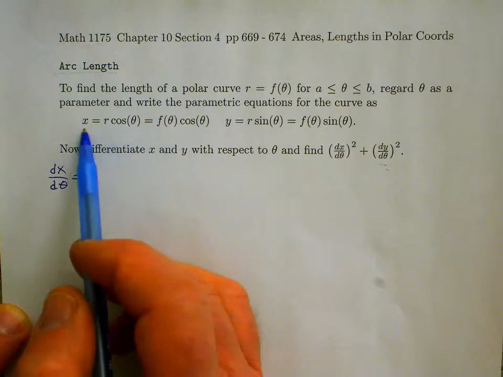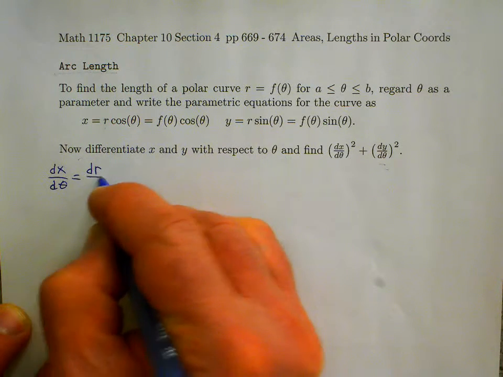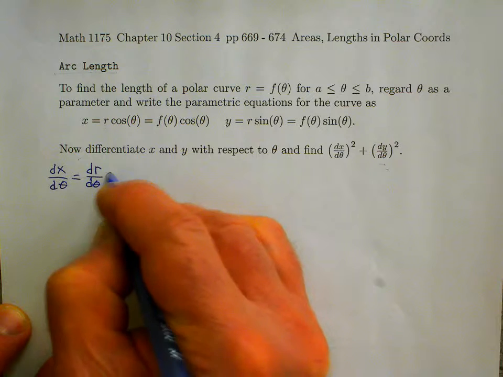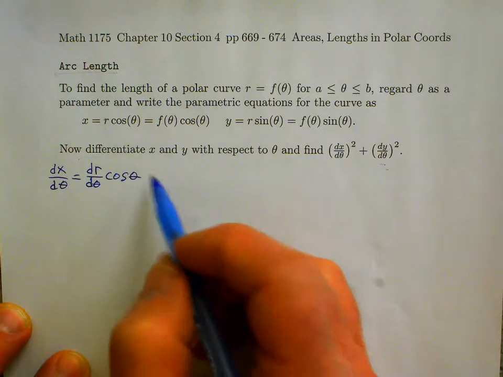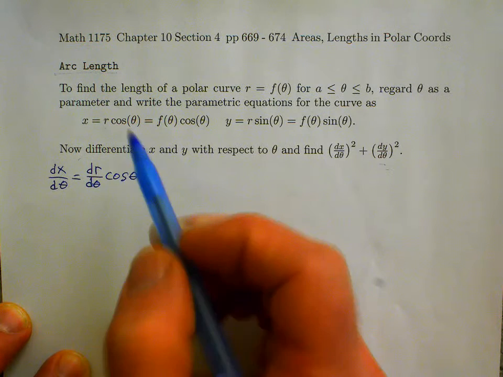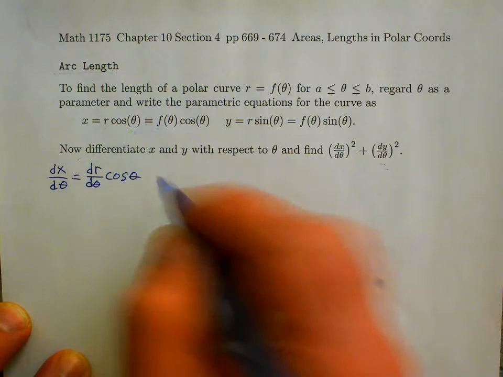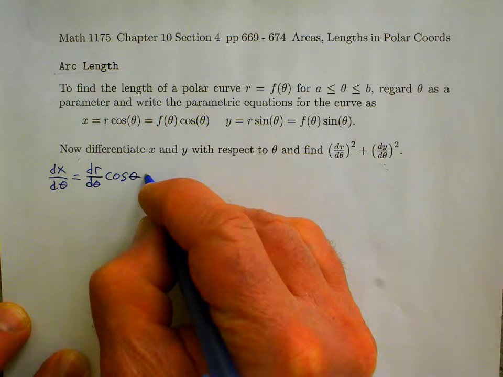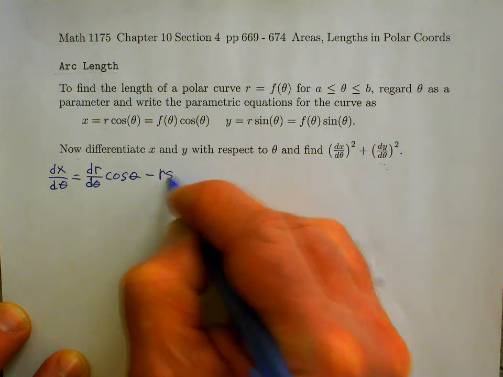The derivative of x with respect to theta is the derivative of r with respect to theta times cosine of theta, plus r times the derivative of cosine of theta, which is negative sine of theta. So we'll just go ahead and write minus r times sine of theta.